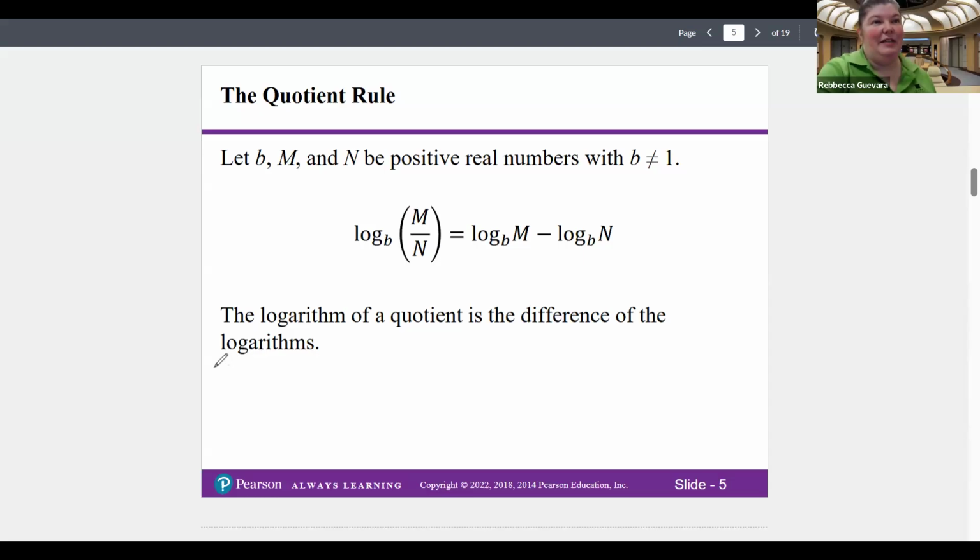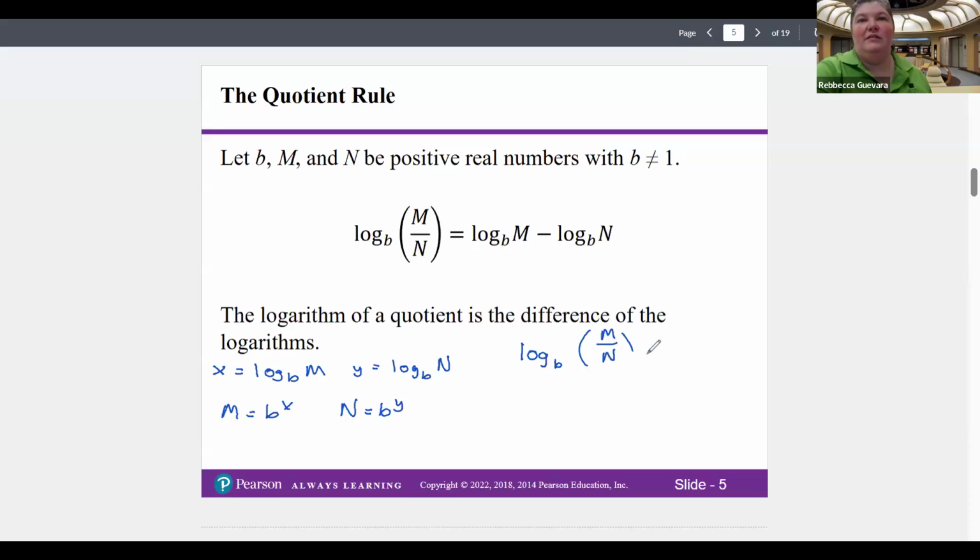So if we go back the same thing again, let's say x is log base b of m, and y is log base b of n. And then we can say that m is just b to the x, and n is just b to the y. So if I do log base b of m over n, well, that's just log base b of b^x over b^y.